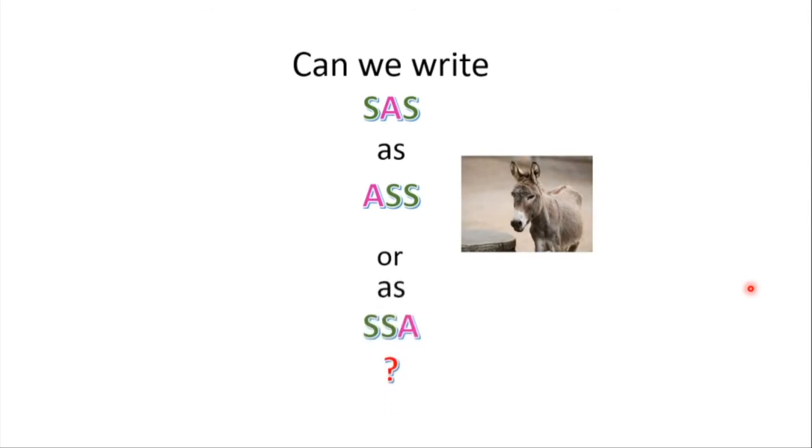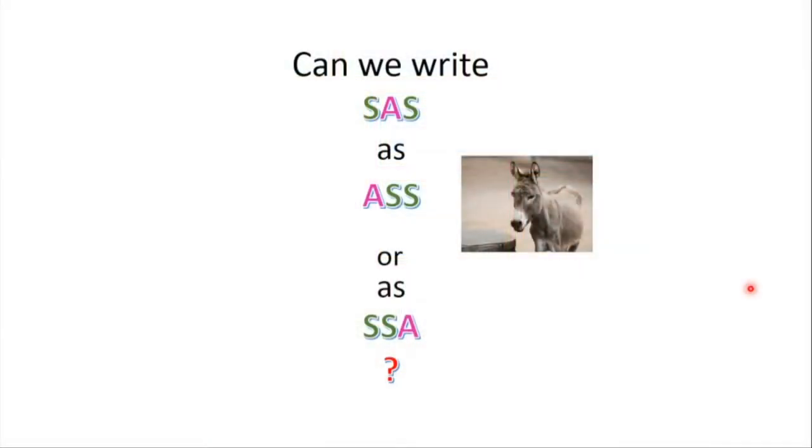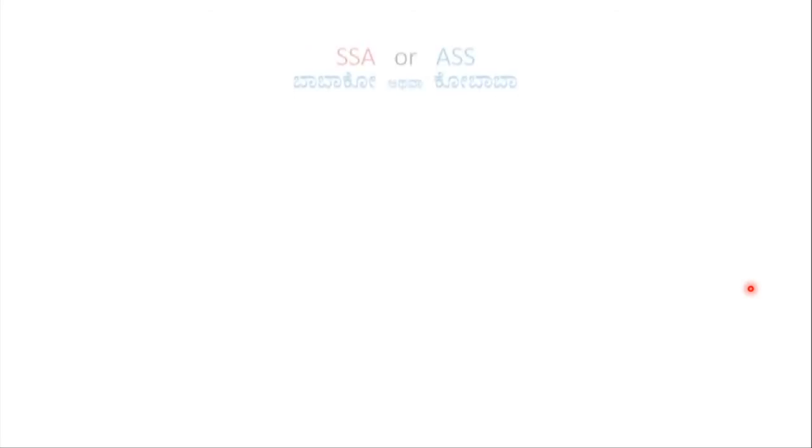Please think for a while. We have already seen the constructions practically also. Can we write this SAS criterion as ASS or SSA? That we will once again explore now in the following slides.